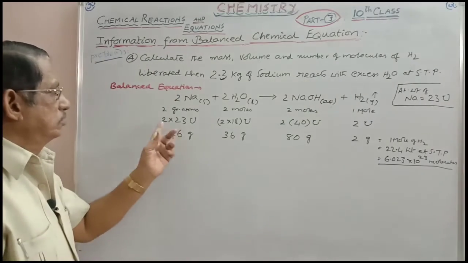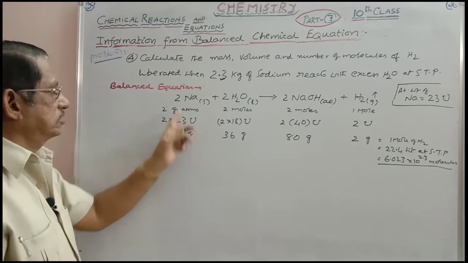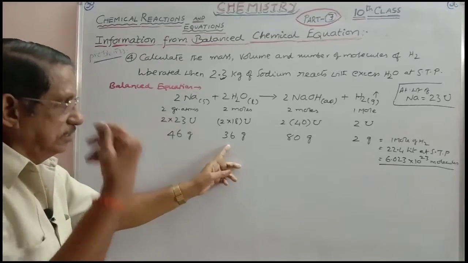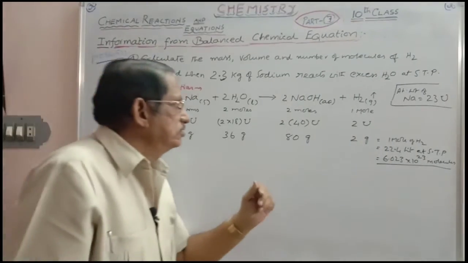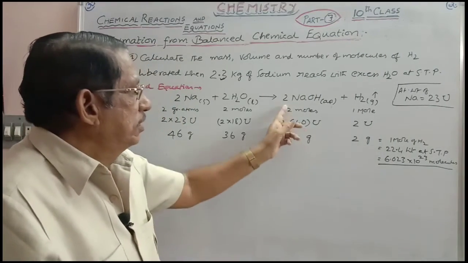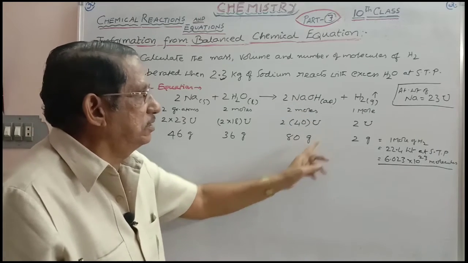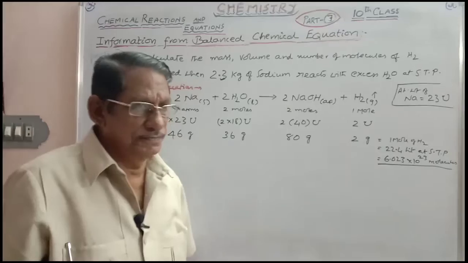So here 2 gram atoms means 2 into 23, 46 grams of sodium, 36 grams of water, and more than that is taken already. You need to consider this for the problem. 2 into sodium hydroxide, 80 grams of sodium hydroxide obtained, 2 grams of hydrogen is liberated.